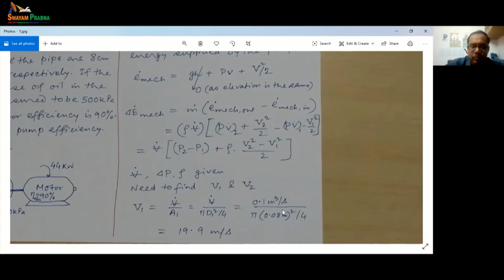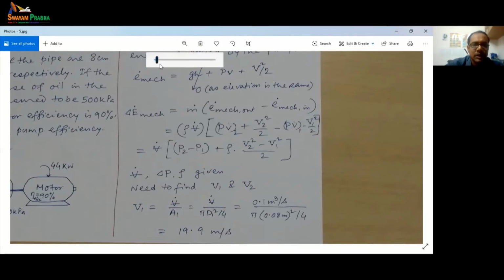Okay, and we know the volume flow rate, 0.1 meter cube per second, and this pi. Now this centimeter we have converted into meter. 8 centimeter is equivalent to 0.08 meter, and that's squared. And if you calculate this, we will find the velocity in the inlet will be 19.9 meter per second.